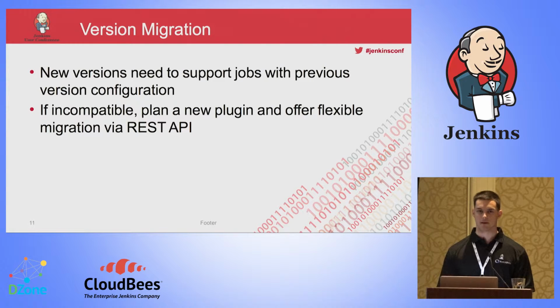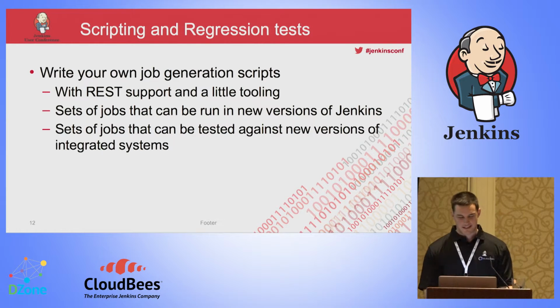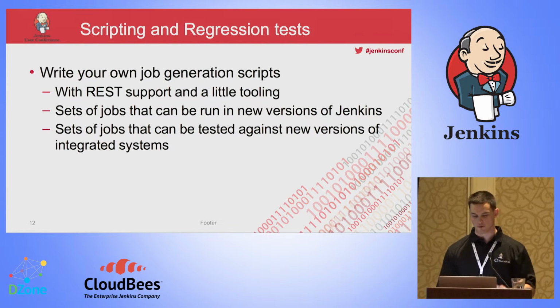It's a lot of work, but your customers typically like when you help them migrate. All right. Using the REST support, what we do is we script our job creations. So when we are testing our plugins, we want to test them in many different environments in Jenkins.